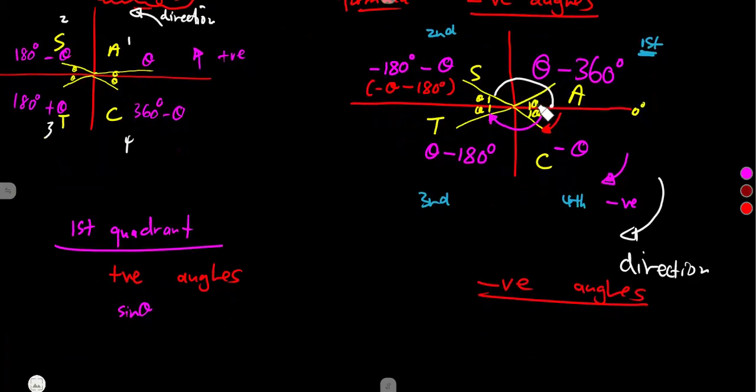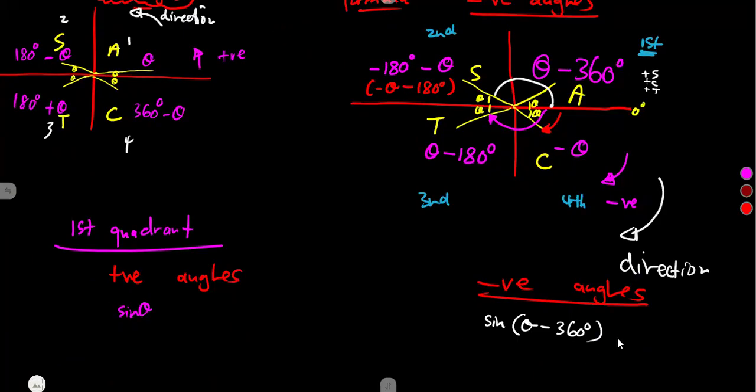Remember, from the CAST concept, in the first quadrant all of them are positive: sine, cos, and tan. So whatever we're going to have, the sine of theta minus 360, because it lies in the first quadrant, follows everything that the first quadrant has.